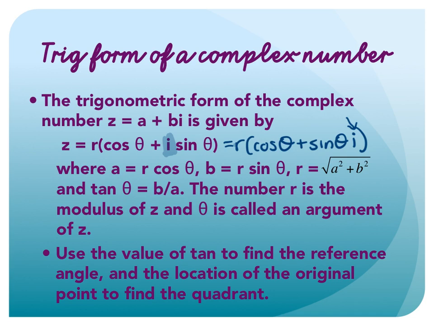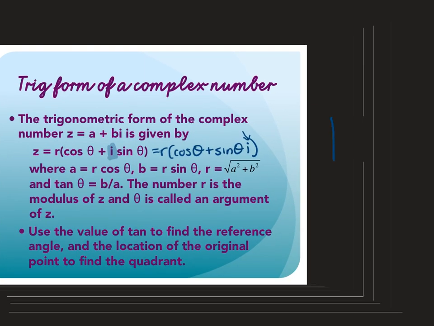r is again the square root of a squared plus b squared because r is just like the radius. So if I had plotted a point, something like 2 or 3, 2i, something like that, this distance here, which is also known as the absolute value, it's like the magnitude, it's the distance between the origin and that point, it's also the radius.